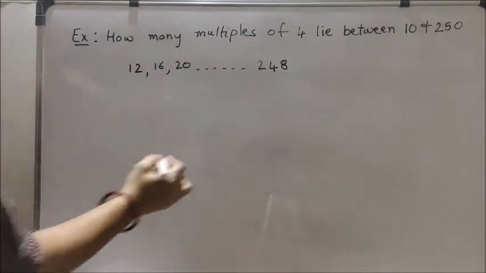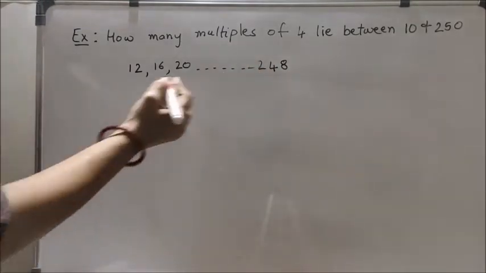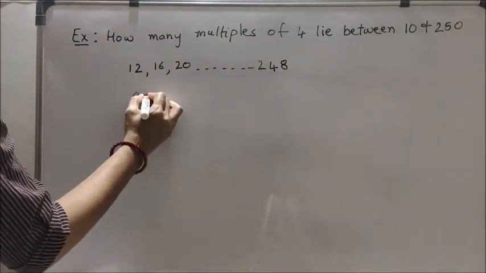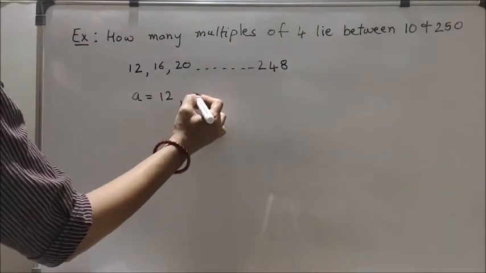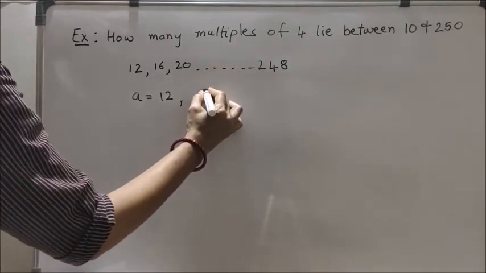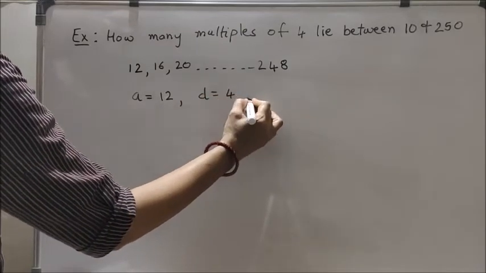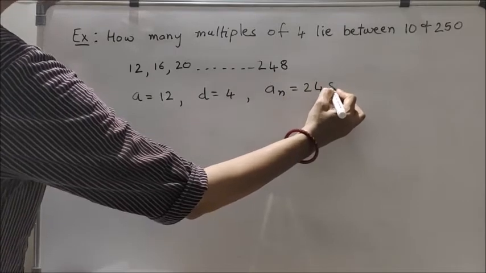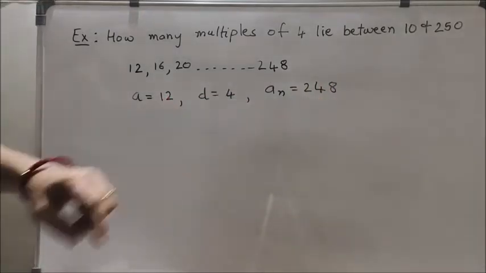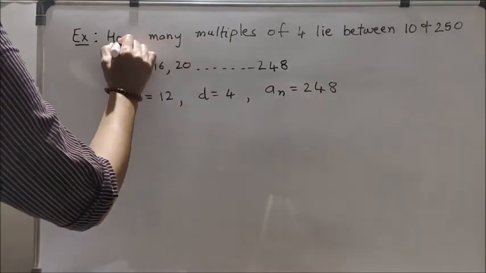So this is our sequence, which is finite, where A, that is the first term, is 12. Because they are multiples of 4, it means every time 4 is added. So D is 4 and AN is 248. So you have got these 3 terms and you have to find how many multiples.